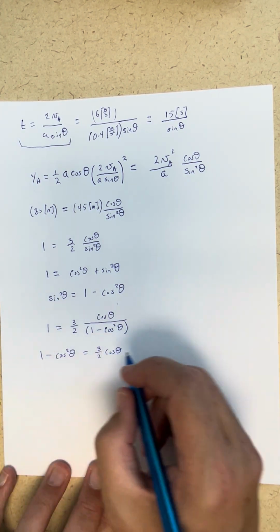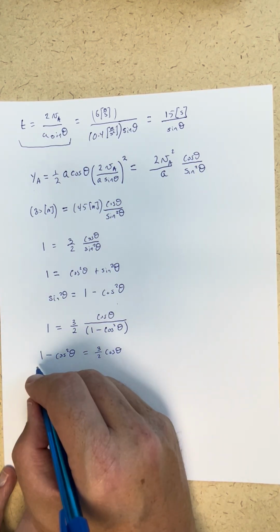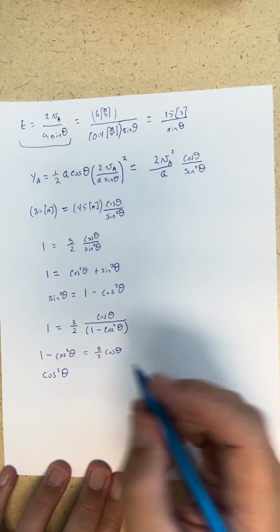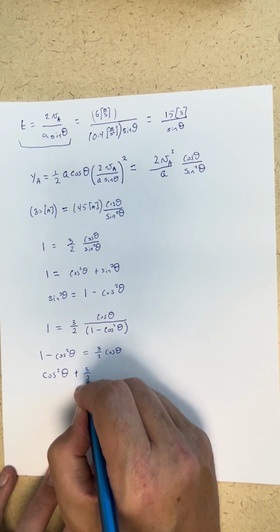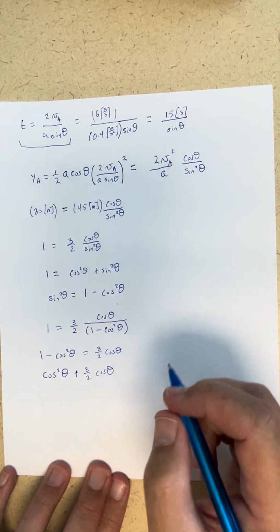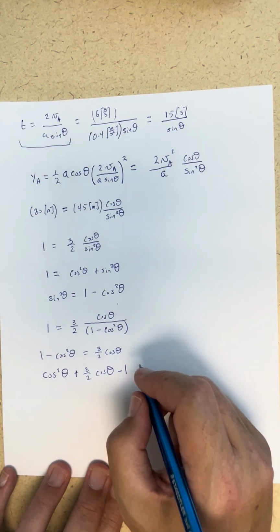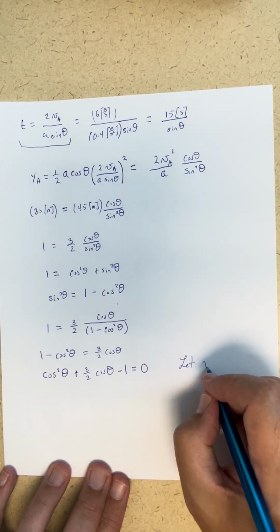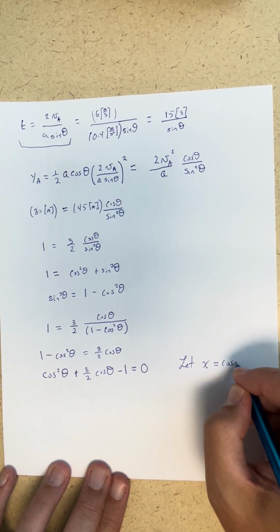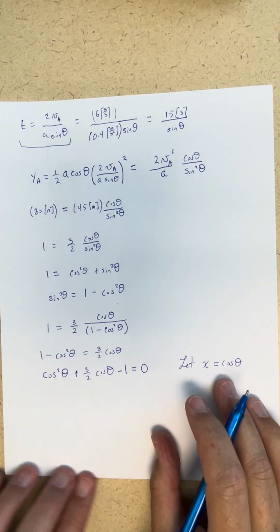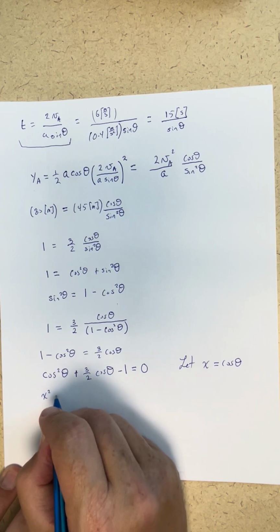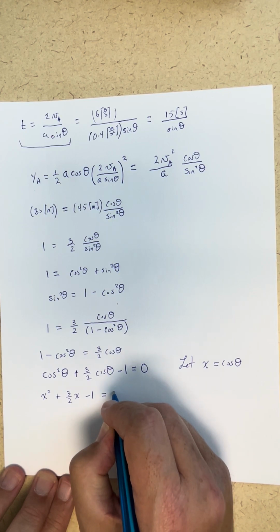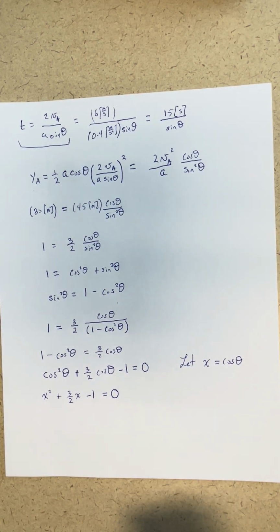Get everything on one side, move over the cosine squared theta, move over the 1, and we have what is suggestive of a quadratic equation, as it should be, in cosine theta. So let x be cosine theta. So this will be in a form maybe you're a little bit more comfortable with. X squared plus 3/2 x minus 1 must equal 0 at the collision.